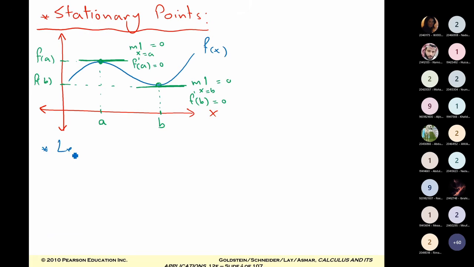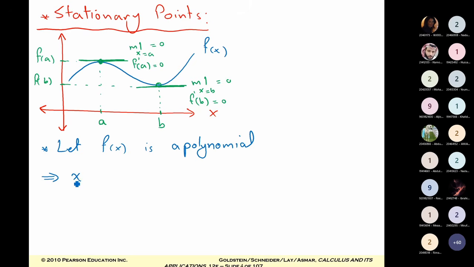let f of x be a polynomial. Polynomial means we have many terms with x to a positive integer power, okay?